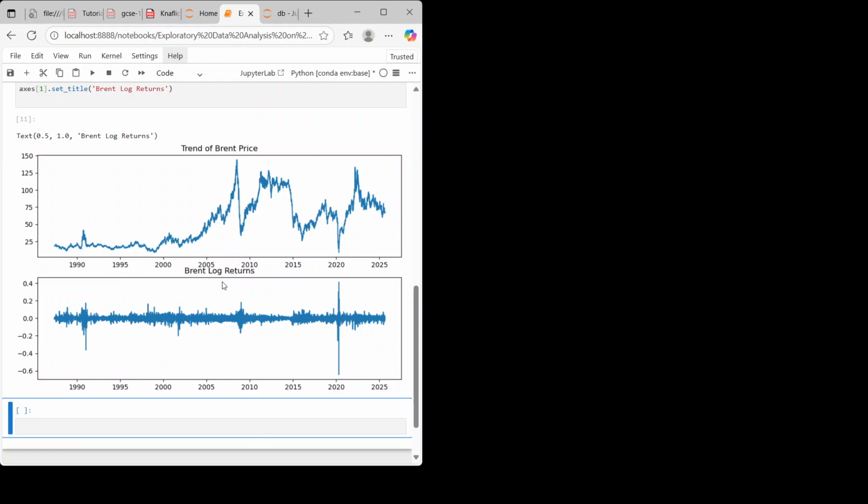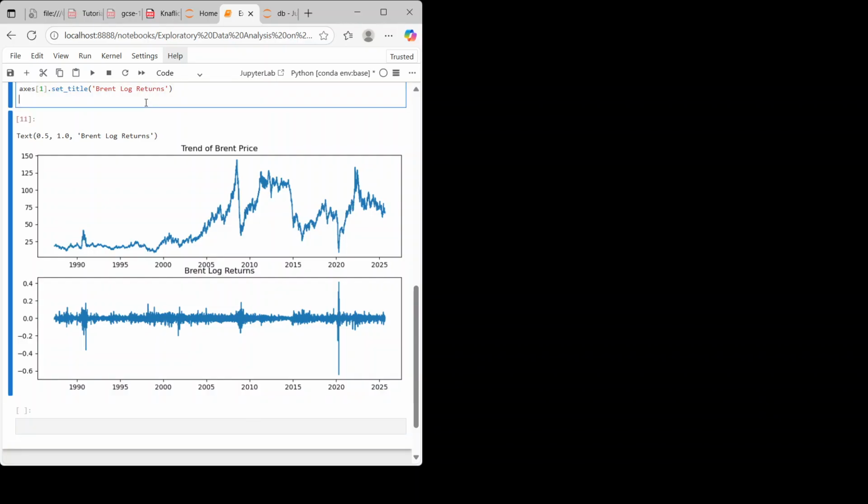So what I'm going to do is try and separate them, create some form of spacing so that the title and the axis labels do not overlap. So let's do this. We use plt because that's for the plot, and then you say tight layout. Just say tight layout.